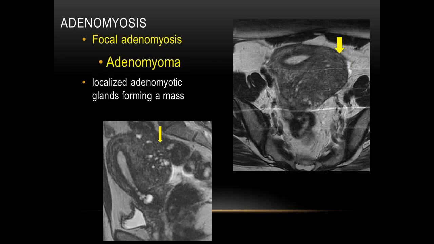Then there is focal adenomyosis, presenting as an adenomyoma. It's an area of localized adenomyotic glands which form a mass. You can see it is at the posterior aspect of the uterus, and it is an elliptical mass.